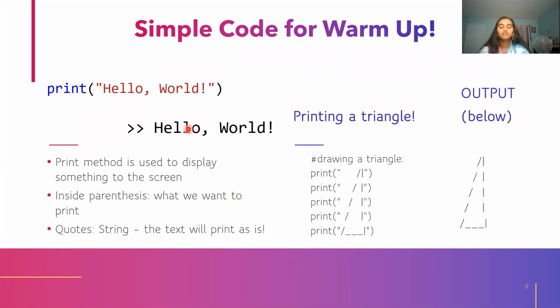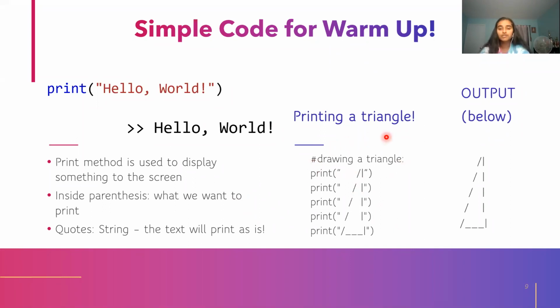So I have print and the hello world. Now the next thing is we want to know how to print basic shapes on our computer. So you can print triangles. It's not a legit triangle as you would expect, but it's kind of how you learn to draw using Python.